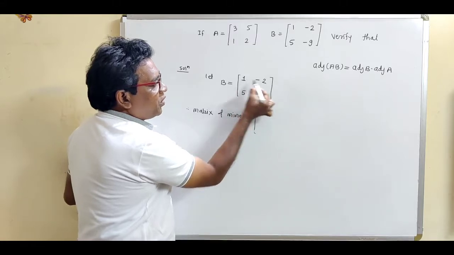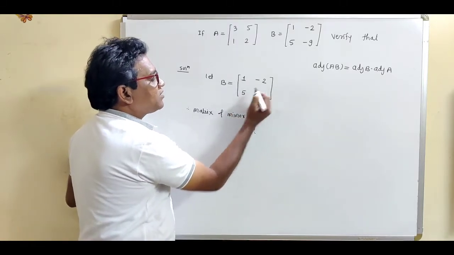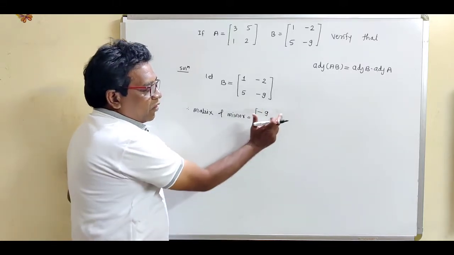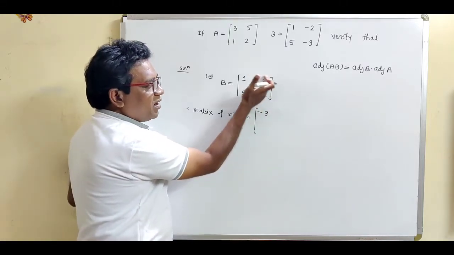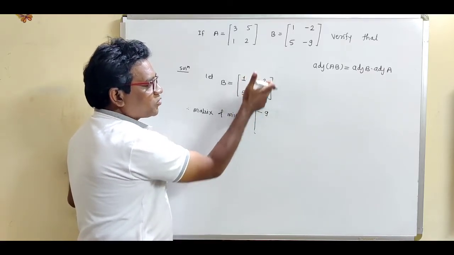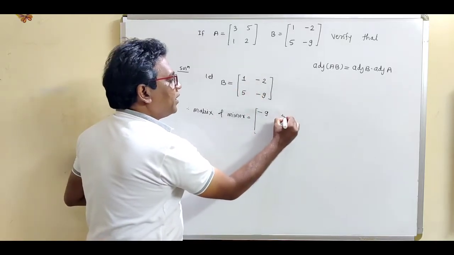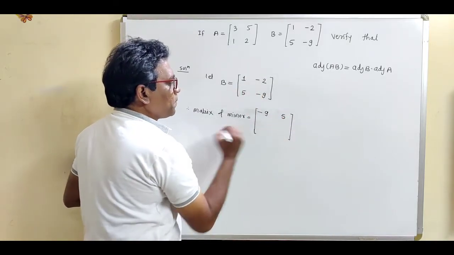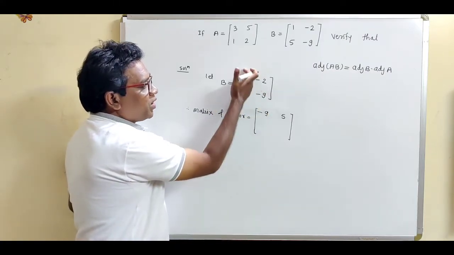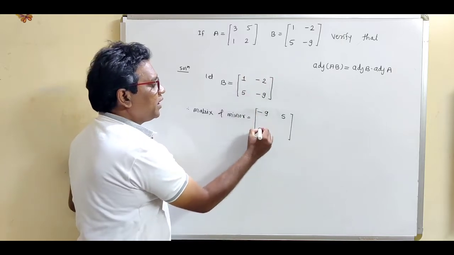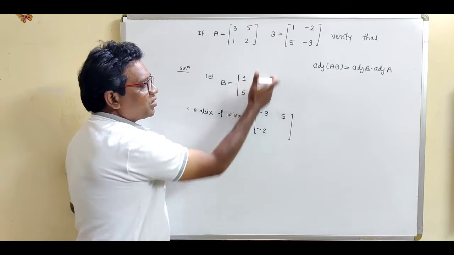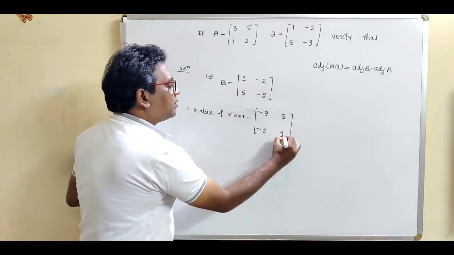Delete corresponding row and corresponding column and just write down the remaining element. This is -9. Now find out this second minor element. So this is the relative position of that minor element. So delete corresponding row and corresponding column and just write down the remaining element. It is 5. For third minor element, delete corresponding row and corresponding column and just write down the remaining element. It is -2. For this last element, we delete this row and column and write down the remaining element. This is 1.